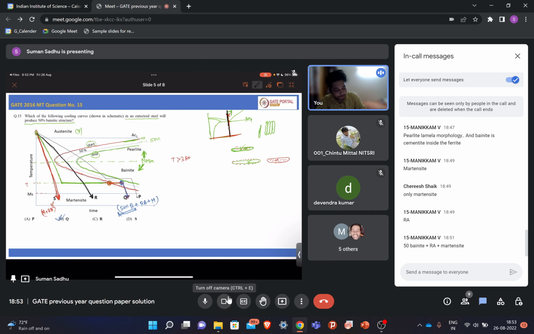The composition is not varying. It is a eutectoid composition. But as you follow different cooling rates or do different heat treatments, you get different kinds of microstructure. Like in case of the first curve, you are getting martensite plus retained austenite. In case of Q, you are getting 50% bainite, retained austenite, and martensite. So in case of R, what will be the final microstructure?